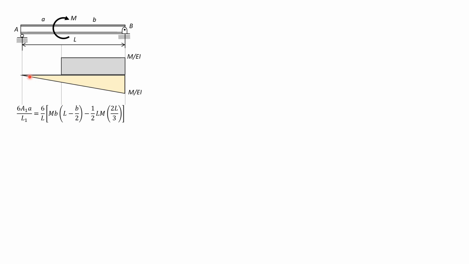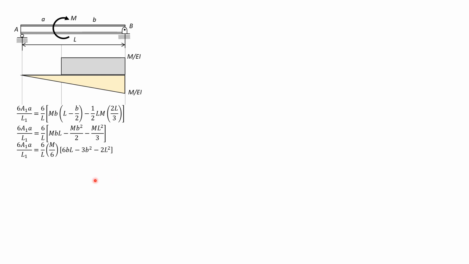Then the moment of this load, which is below, minus 1/2 LM times the moment arm, which is 2/3 of L. So simplifying, we distribute MB, so we have 6 over L quantity MBL minus MB squared over 2 minus ML squared over 3. We factor out M over 6, so 6A1ā over L1 is 6 over L times M over 6 times quantity 6BL minus 3B squared minus 2L squared.